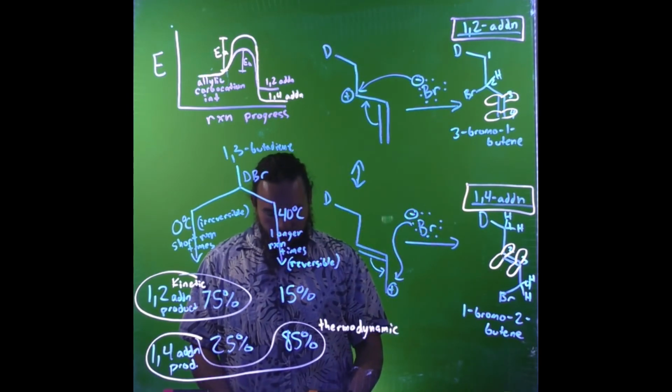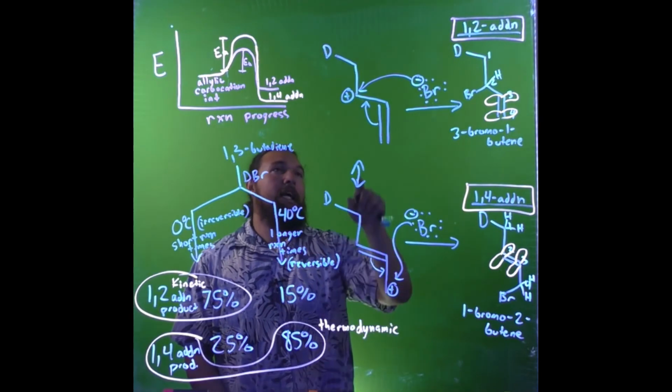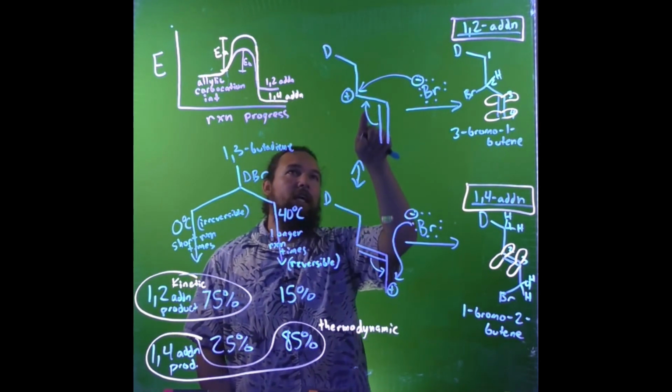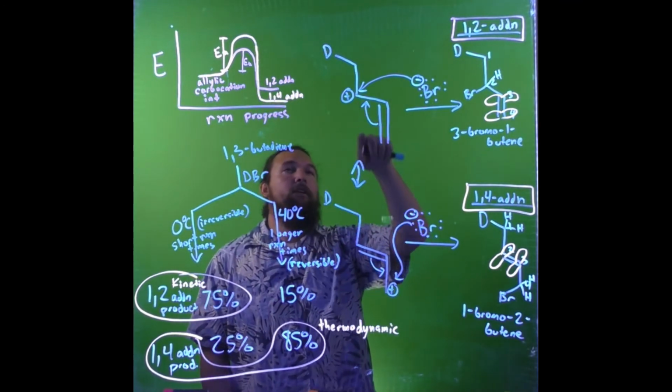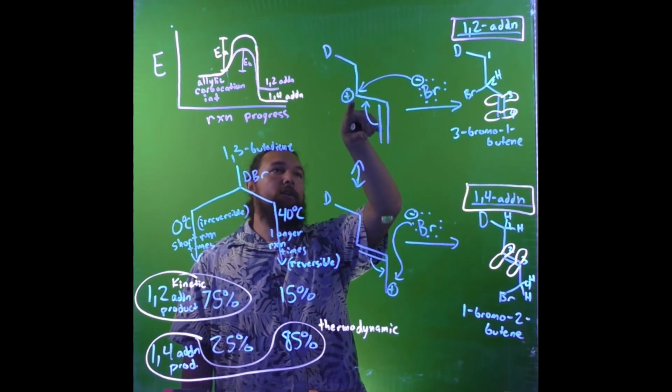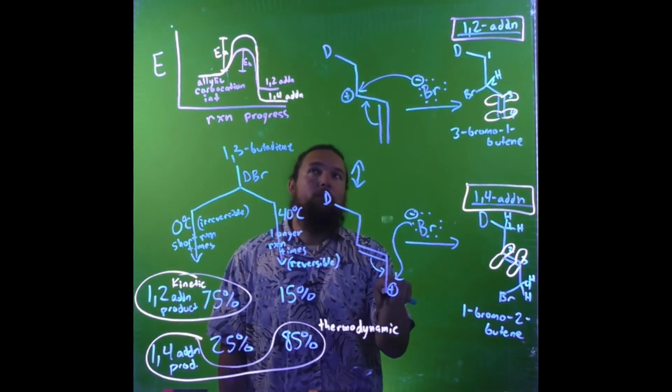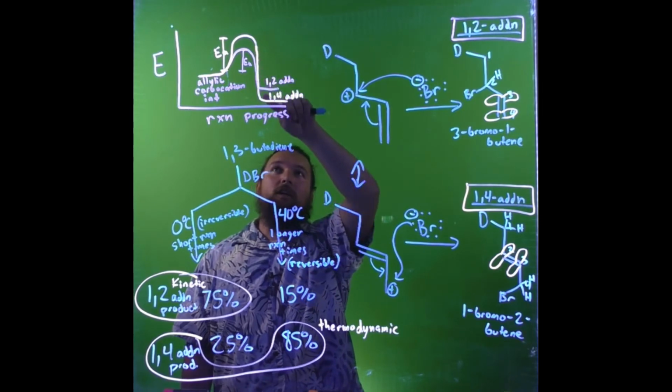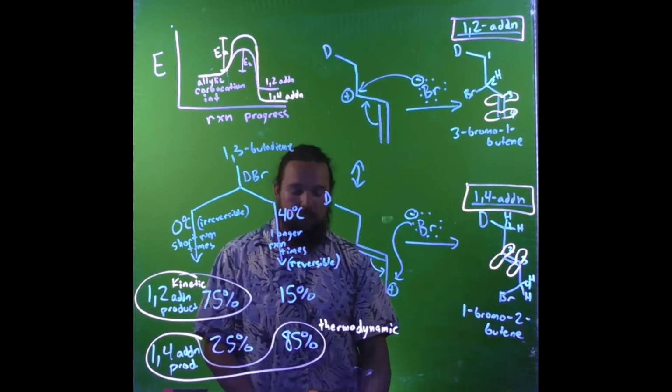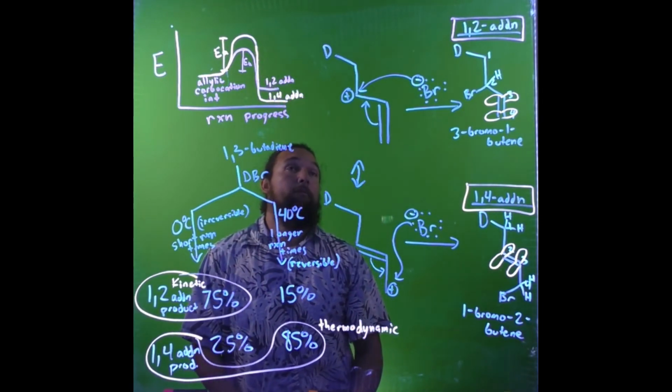Now, someone said earlier that the 1,2 product had a lower activation energy, as seen from these two intermediates here. They said that because this was a secondary carbocation and this was a primary carbocation, the activation energy was lower, and that's why at low temperatures this was the major product.